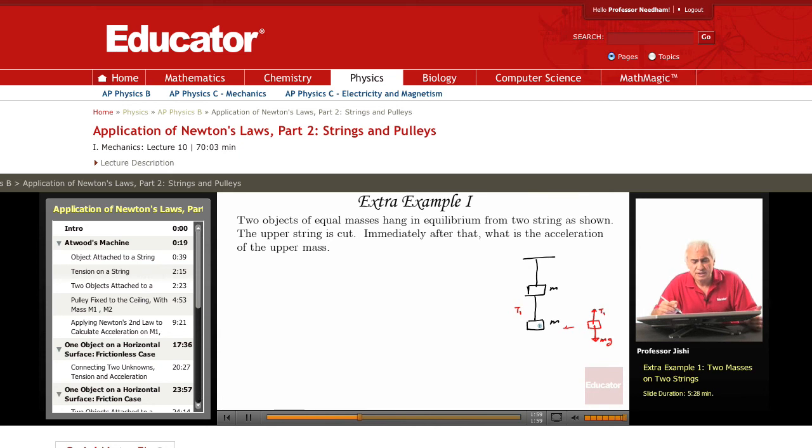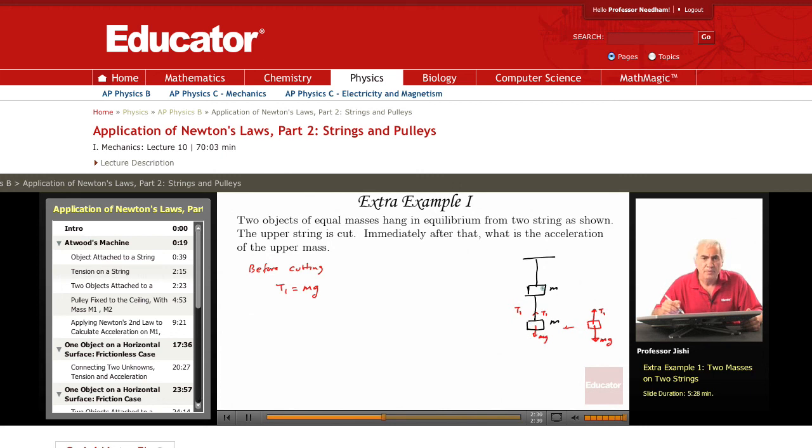Now, since the mass hangs in equilibrium, the net force on it is 0. So, before cutting, T1 is equal to mg. So I have here T1, here mg, those are equal.